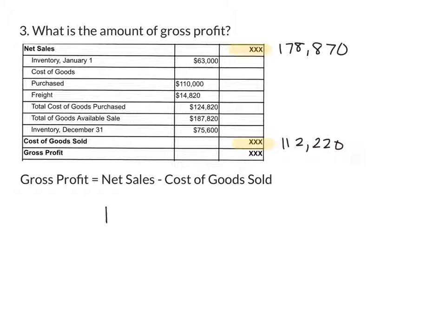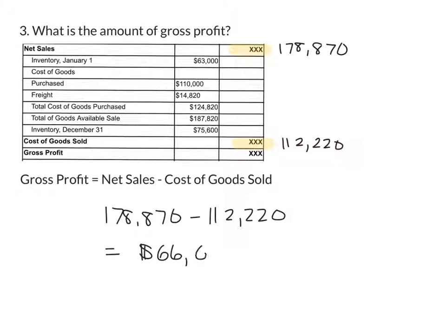So we'll just plug these values in, and then we're going to subtract them. When we subtract these two values, we get $66,650. So this is our gross profit. And we would type the gross profit into this cell here.